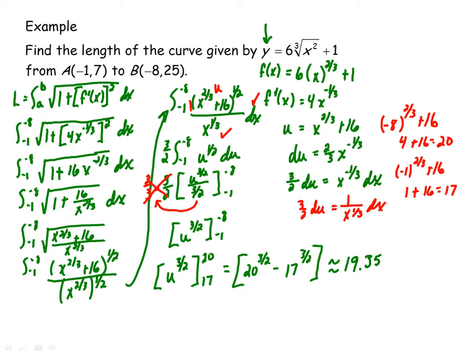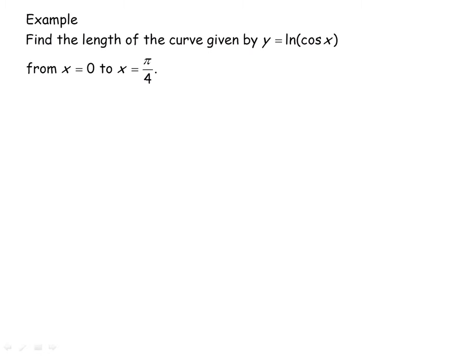Let's try one more. Let's try this trig one. Okay. So, again, when I look at this problem, what's the first thing you see? What do you see? It's already solved for y for you.